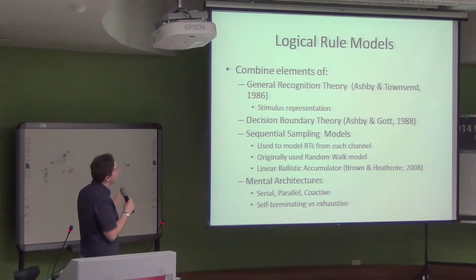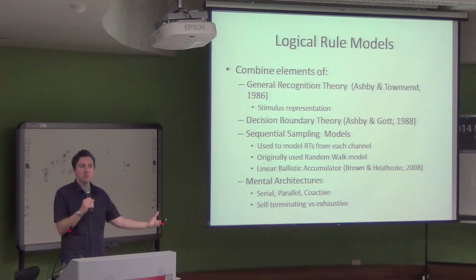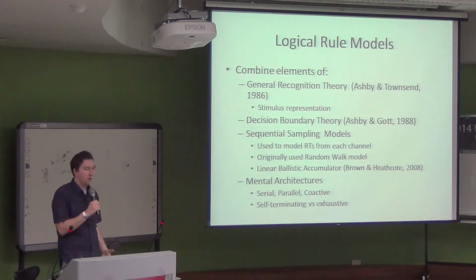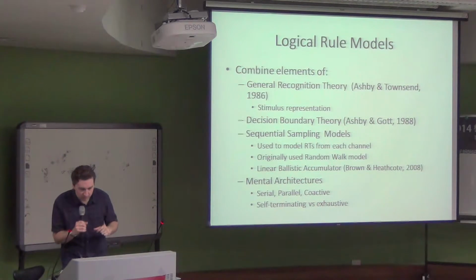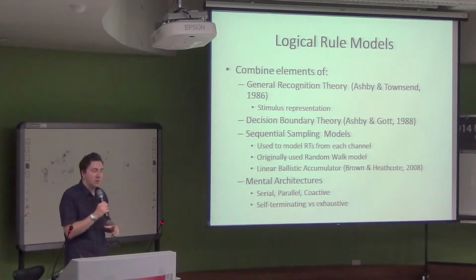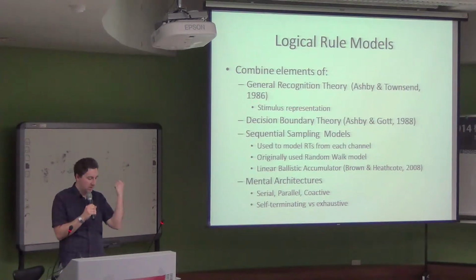In the initial application of the logical rule models, we took that quality of evidence and just fed it into a random walk model. A random walk model has the assumption, and perhaps this will make more sense in a few slides, that you're sampling from your perceptions of this highly variable stimulus.